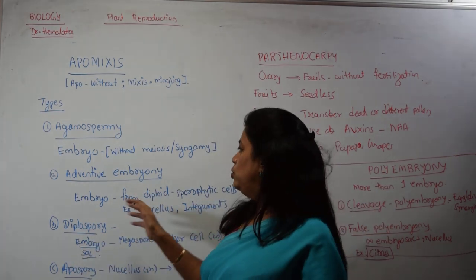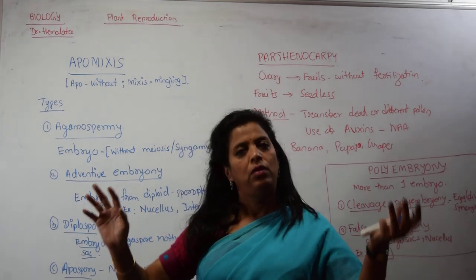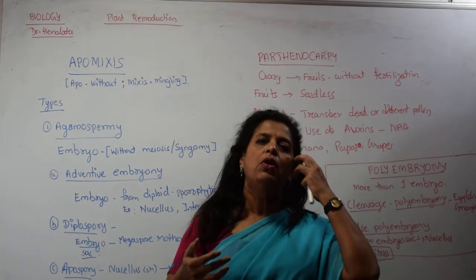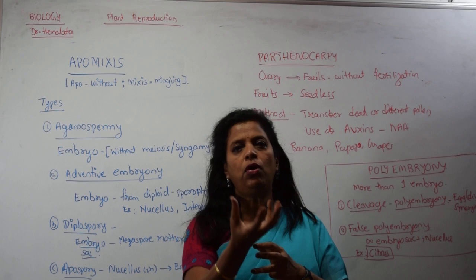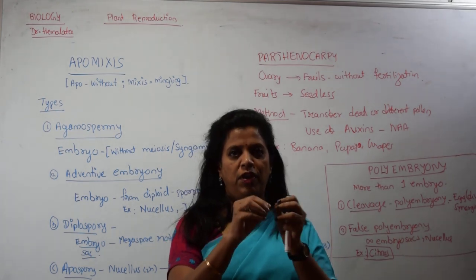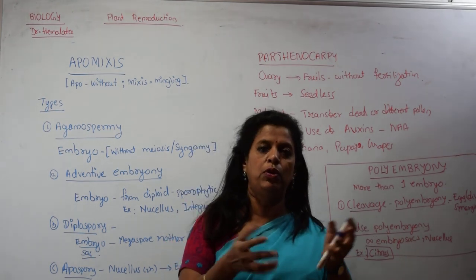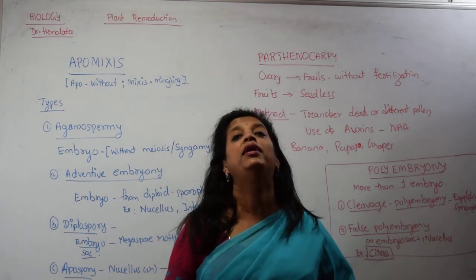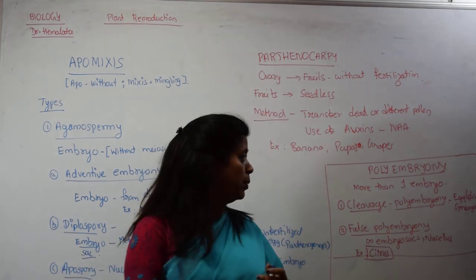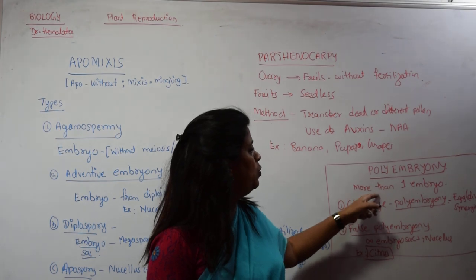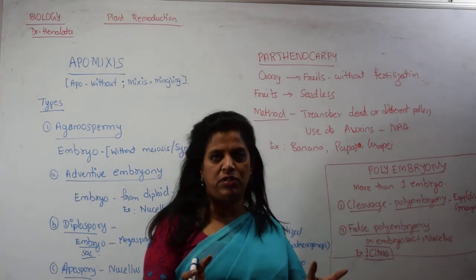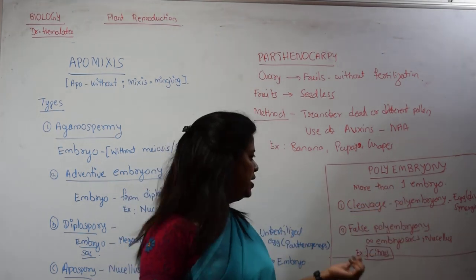If it grows, the nucellus also forms an embryo, the integument also forms an embryo, and the regular embryo will also be formed inside by the zygote developing into an embryo. All is forming polyembryony. Many embryos are developed. You can see here polyembryony, more than one embryo is in the embryo sac.